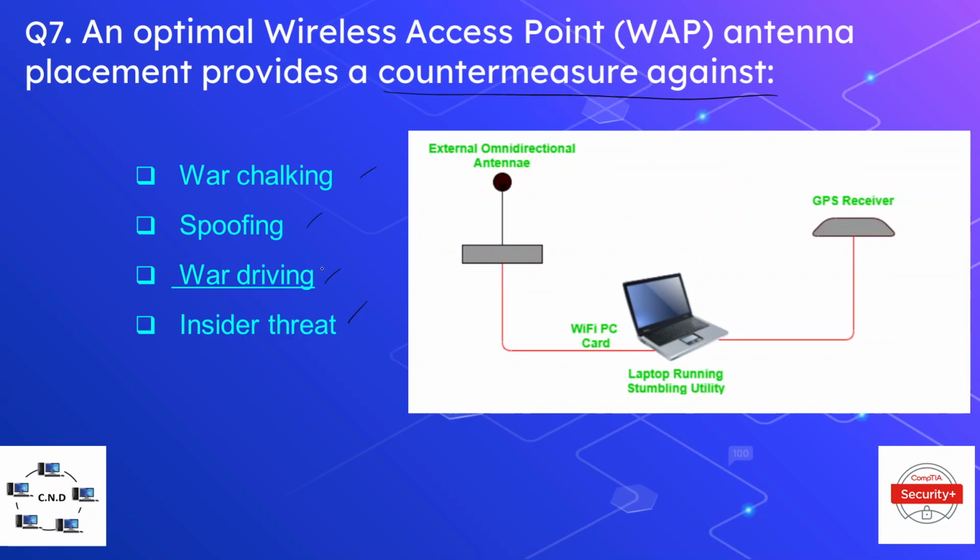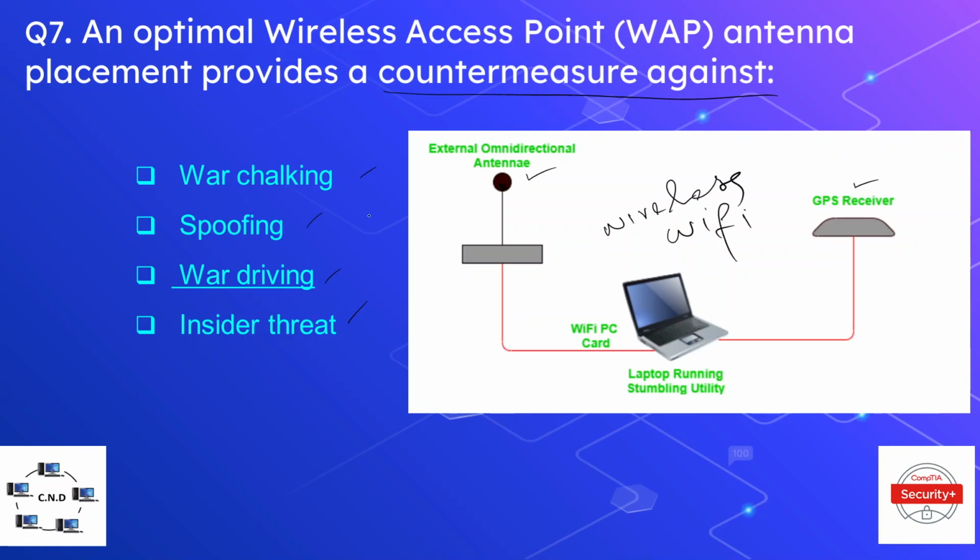War driving is a kind of reconnaissance or pen testing technique during which an attacker or pen tester uses a laptop that is connected to a GPS antenna and another omnidirectional antenna, and he drives through streets searching for any open or vulnerable wireless or Wi-Fi network. So that's why this technique is called war driving.